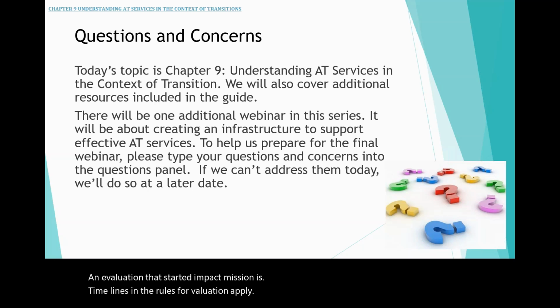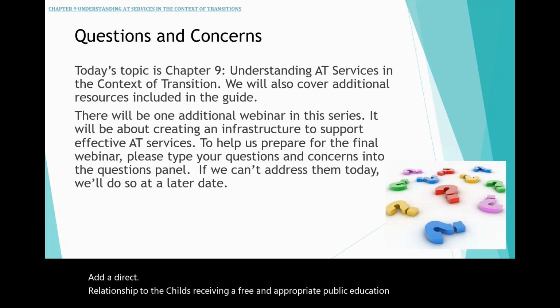Okay, and then the one additional question we will take at this time, it's a quick one. Does AT technically include, when we were talking about the services definition and the definitions of AT, would that technically include internet access, really looking from the perspective of today's e-learning situation? You know, that's a question that's popping up all over the place. Assistive technology can include internet access if it has a direct relationship to the child receiving a free and appropriate public education and accomplishing goals on the IEP.